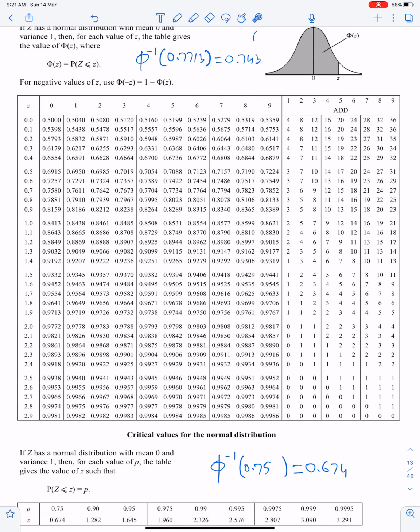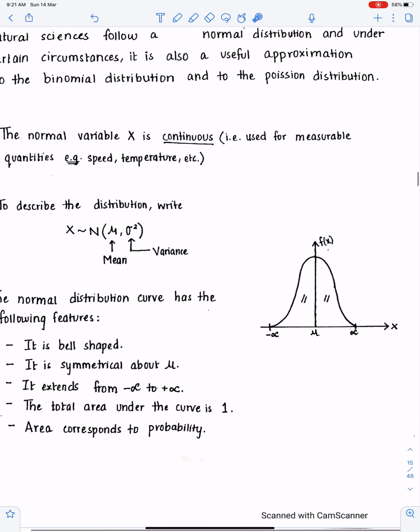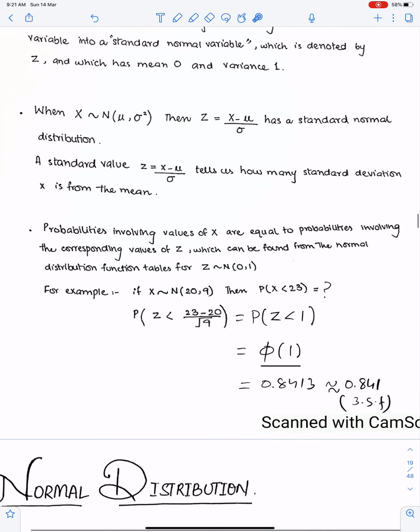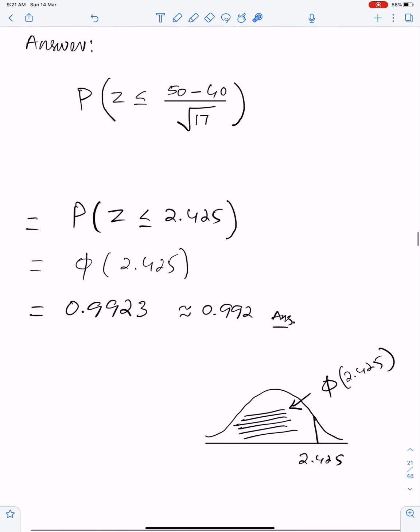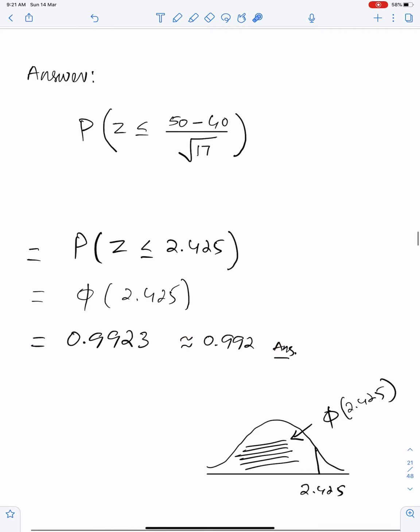So 2.425, the number will be 0.99221. So 0.9923. In 3 significant figures, it's 0.992.